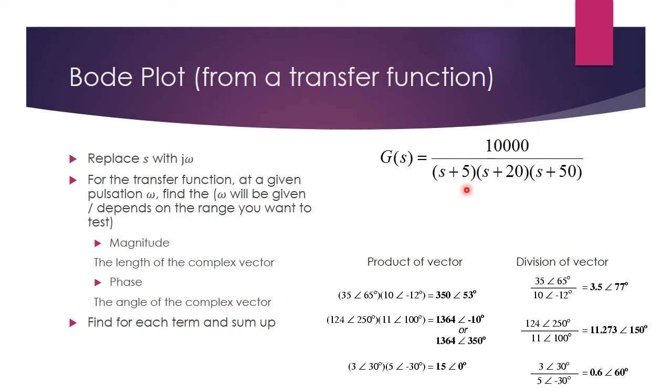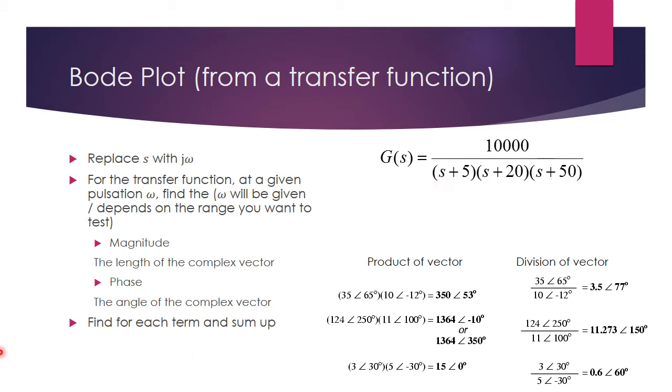So what we do in Bode plot, in frequency analysis, is we study the system as s tends toward j omega, s tends toward a pure pulsation, right? So when s is purely pulsation, it means s equals j omega. So you replace s with j omega.